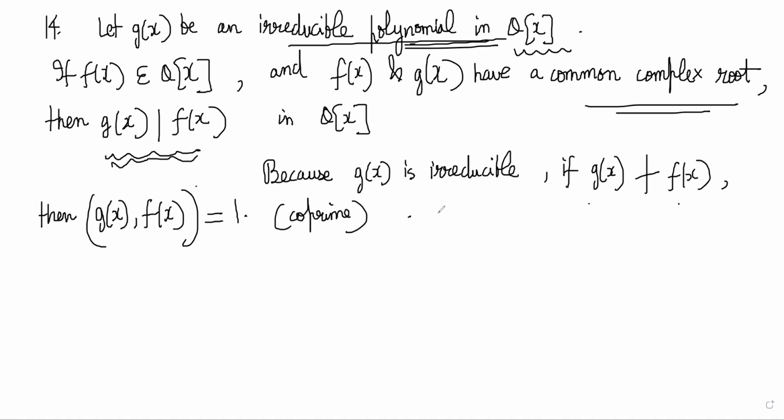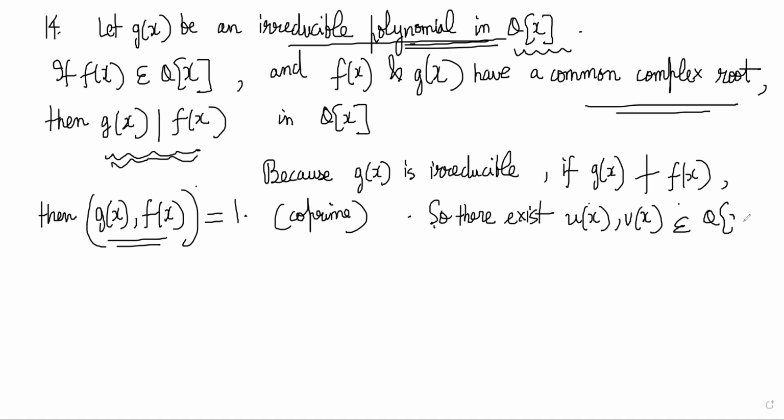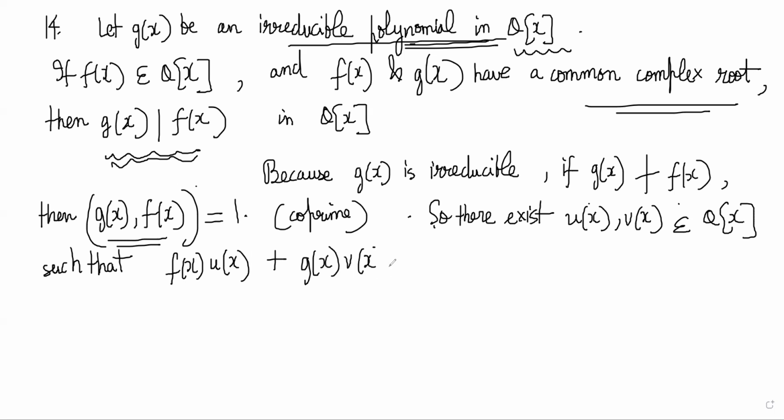And we saw earlier in the previous video that if two polynomials are co-prime, there exist u(x) and v(x) belonging to Q[x] such that f(x) times u(x) plus g(x) times v(x) must be equal to 1.